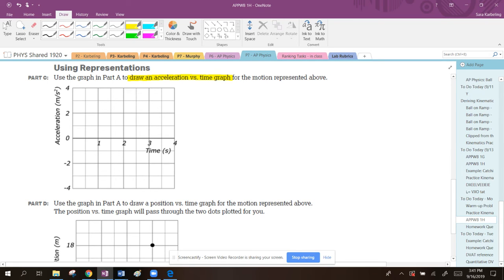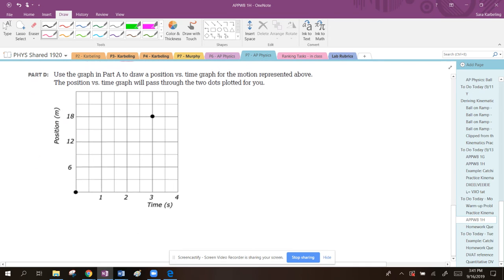So you actually need to make sure that your lines are in the right spot. So what is the value of the acceleration? -4, the whole way. So it's just going to be a horizontal line, like so. Okay? And that one was pretty easy. Would you agree? Good. Yay for us.